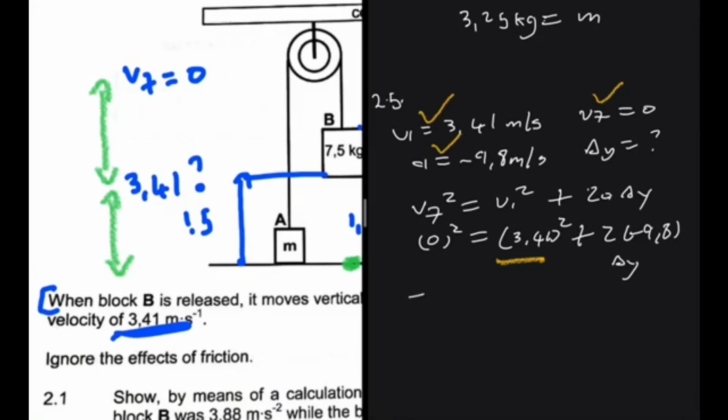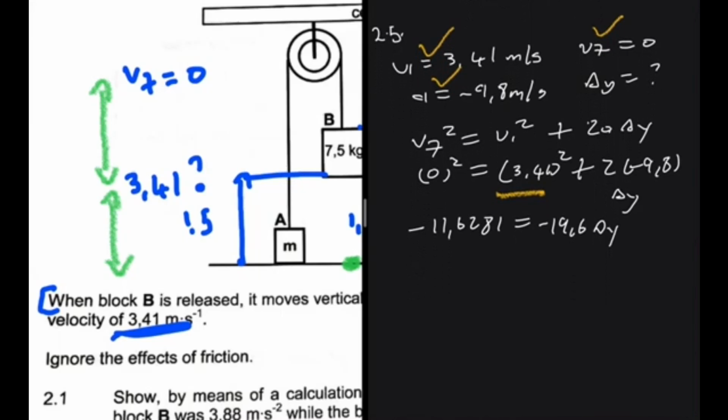If we take it to the other side, we're going to have minus 11.6281 equal to 2 multiplied by minus 9.8, that is minus 19.6 delta Y. If we divide both sides by minus 19.6, we get 0.59. So 0.59 meters is equal to delta Y.